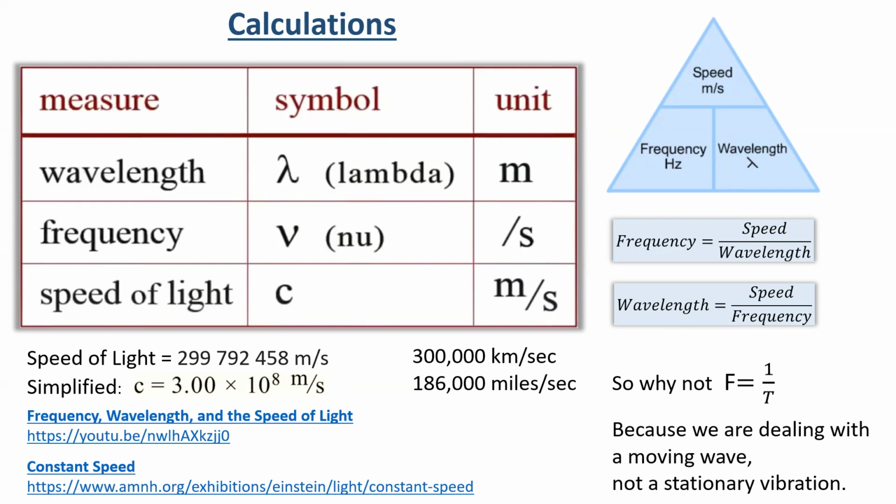But if you have an investigative or inquisitive mind, you're going to put that to a test, and it's not going to calculate. Because we are dealing with the moving wave, not a stationary vibration. So when you're working with your function generators, and if you want to calculate the frequency, you just have to find the period of it, and you just reverse that.